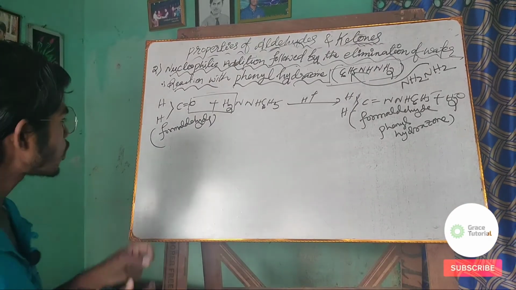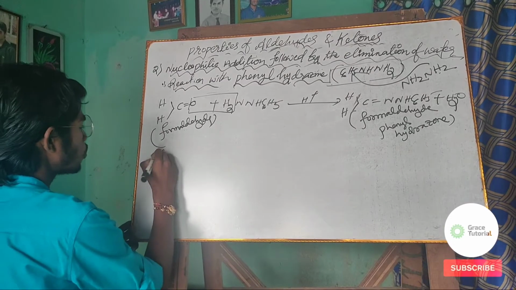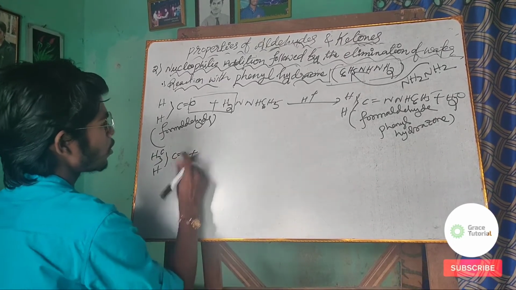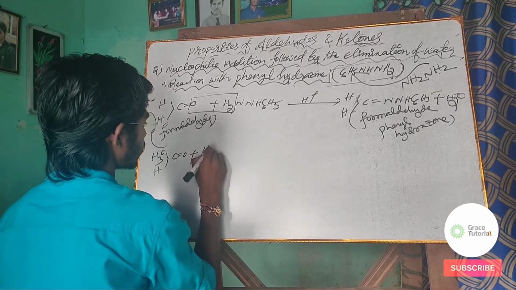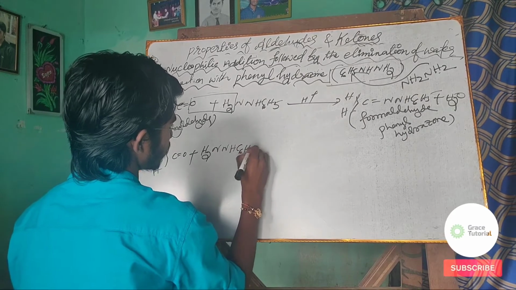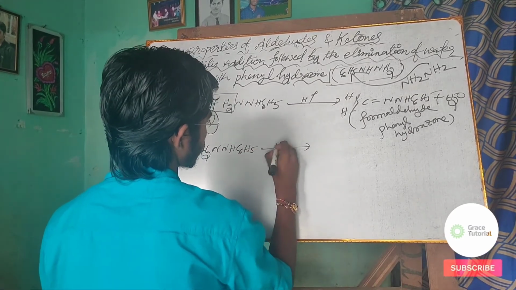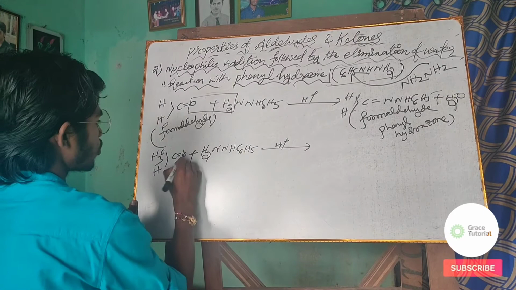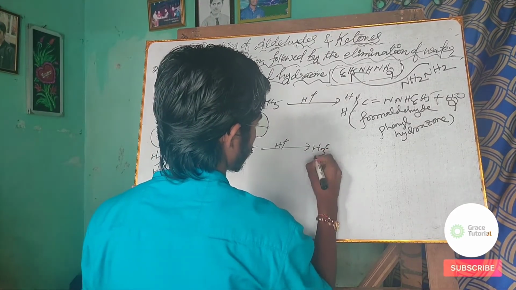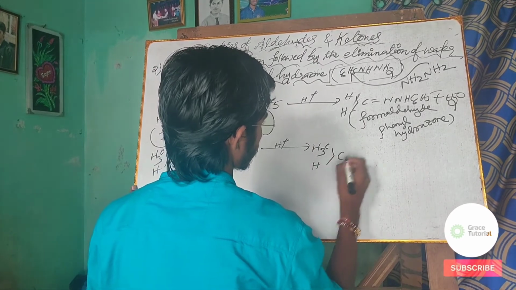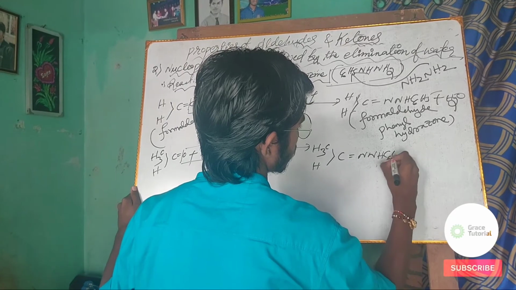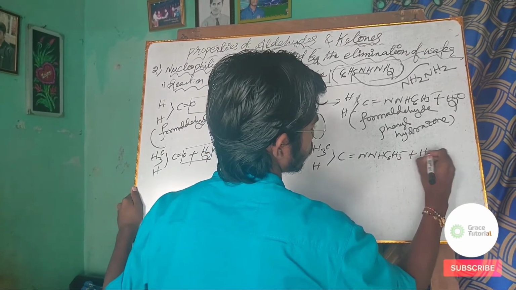Similarly, if you take acetaldehyde CH3CHO and react it with the same phenylhydrazine, H2N NH C6H5, then the water will be removed, giving NNHC6H5 plus water.